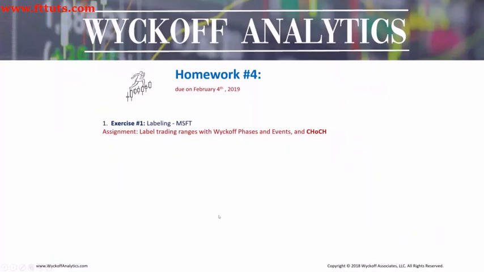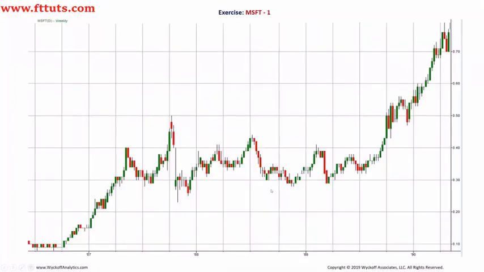for next time. Your homework is still going to be on labeling. We're going to label Microsoft. And it's the same assignment. I want you to label the trading ranges with Wyckoff phases, events, and change of character. So let's quickly look at this. And you could notice that I don't have the volume signature on all of these slides. It's very intentional.